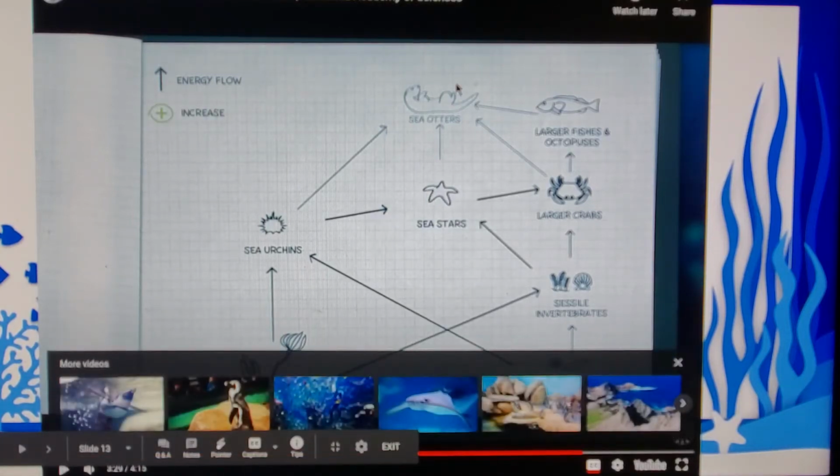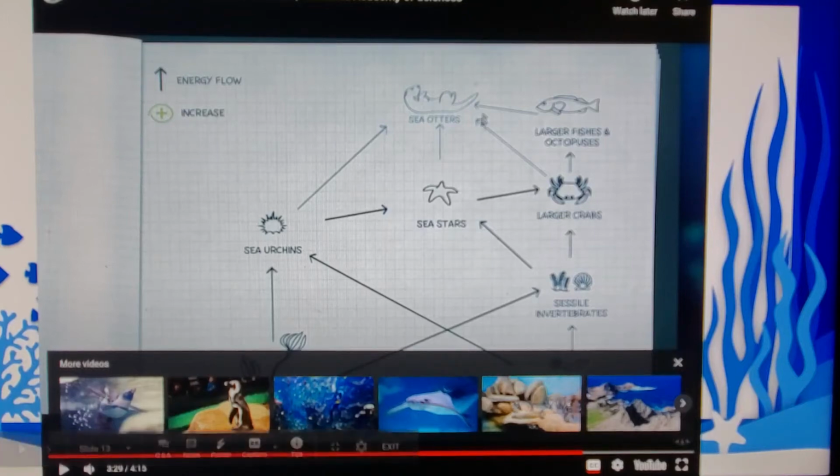Okay, so to look at the impact of an organism like the sea otter, he's at the top of the food chain here, you have to see everything that's impacted by him. And all you have to do is follow the arrows. All these things that you see give their energy to the otter because he eats those things.